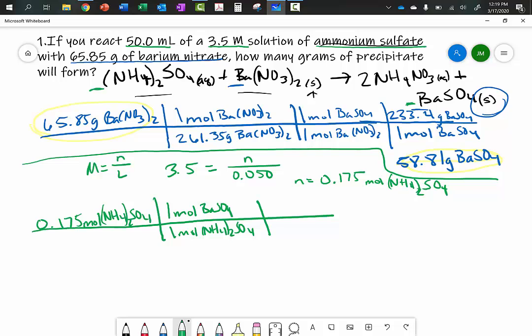All right, we got to keep it consistent. So now that I'm in moles of barium sulfate, I can now use my molar mass. 1 mole of barium sulfate is going to be 233.4 grams barium sulfate. So this should mean that I get 40.8 grams of barium sulfate.